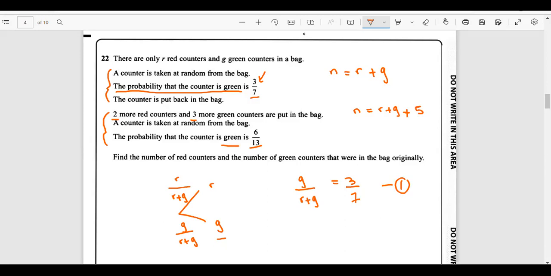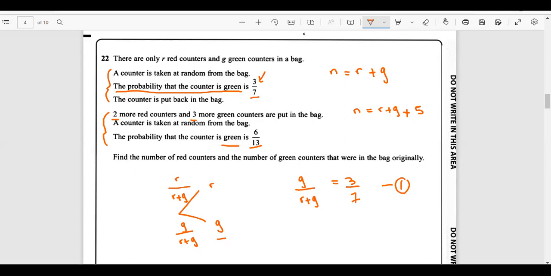Can anyone tell me the fraction in terms of R and G for the second case? Forget about the numerical value.